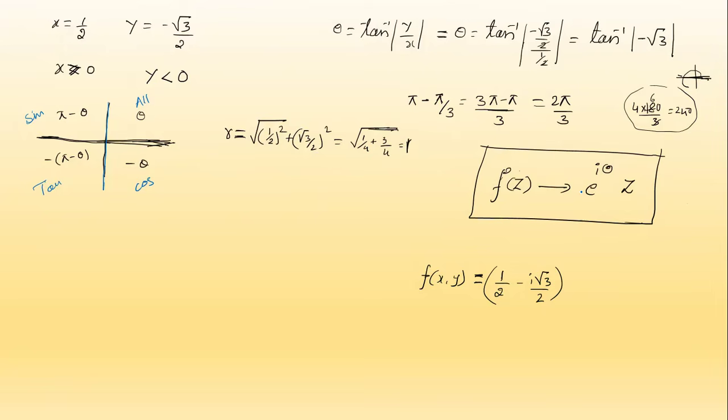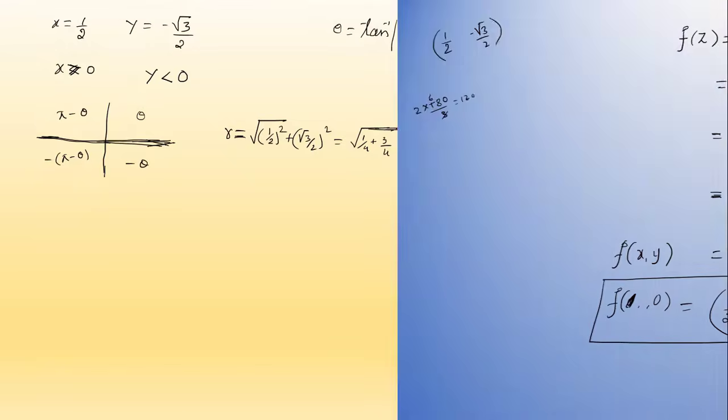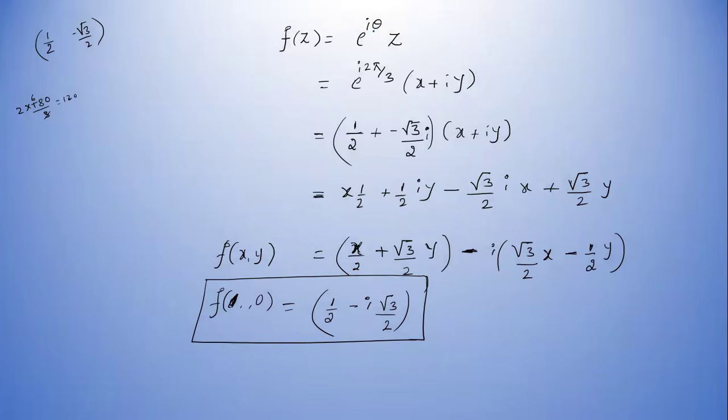Rotation means f of z tends to e raised to I theta into z. Now here e raised to I theta, I phi minus theta.